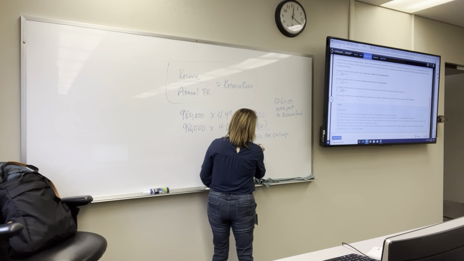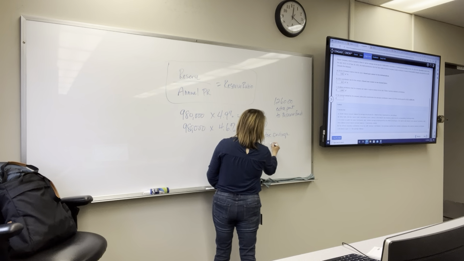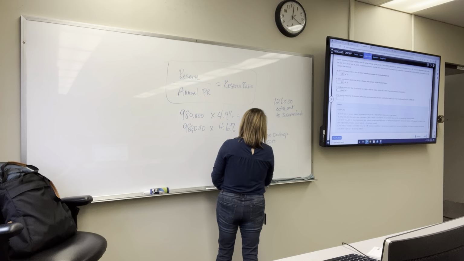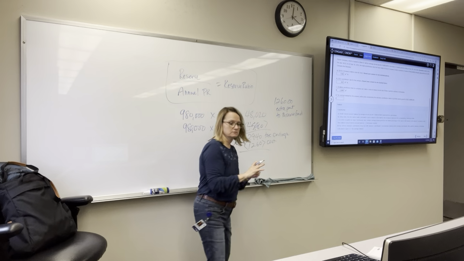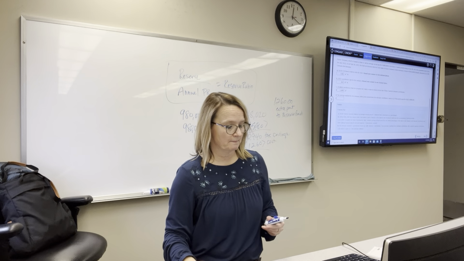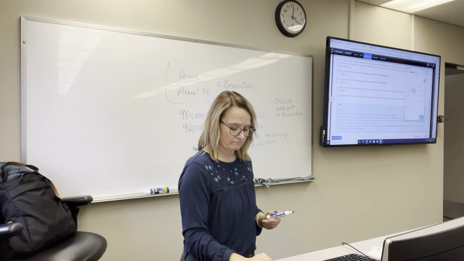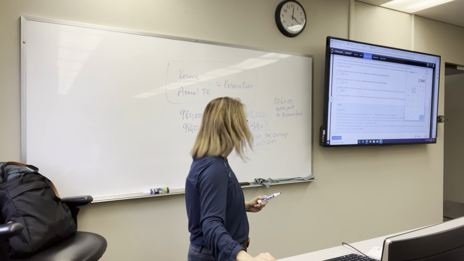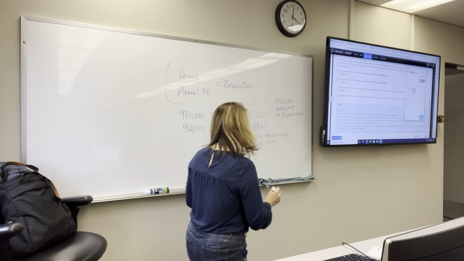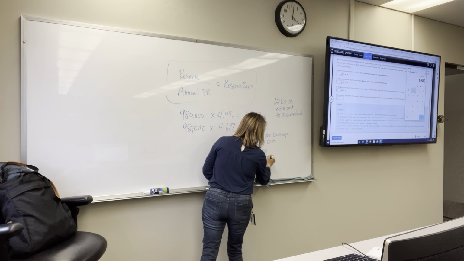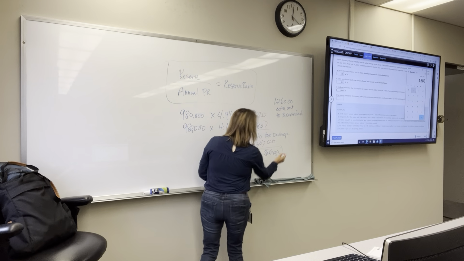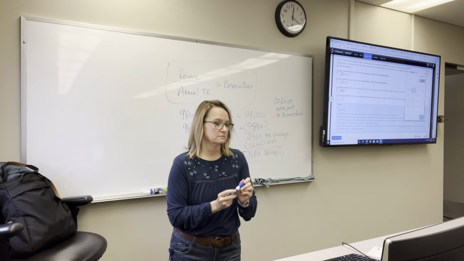So $1,260 was our cost. This was our tax savings. So $1,680. Our total savings was $1,680.